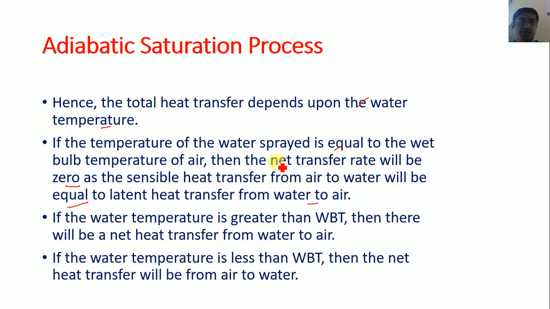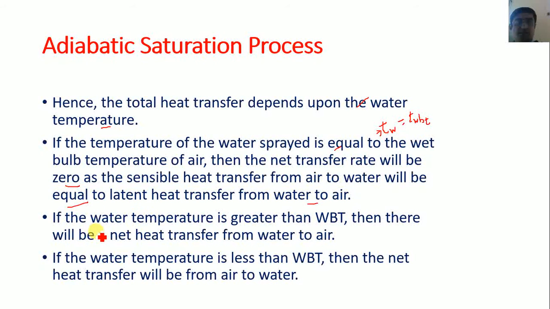It means that if the water temperature is equal to the wet bulb temperature of air, then there will be no heat interaction between the water and the air.